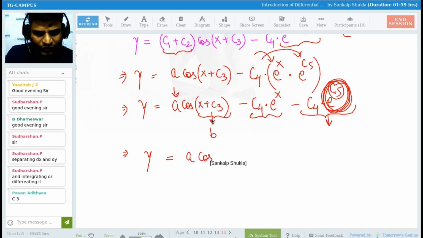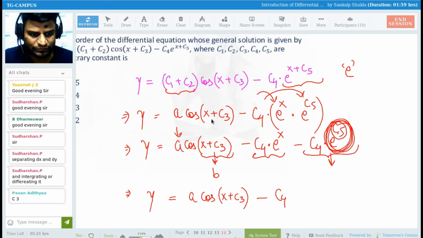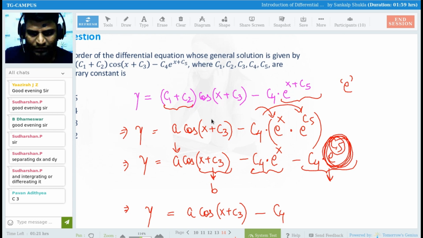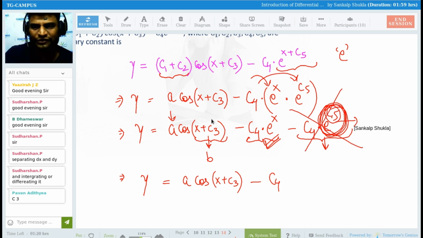So this is A cos x plus C3 and minus C4 into e raised to the power x plus e raised to the power C5. Yes, we have included e raised to the power x, and we have included e raised to the power C5. Right? So this whole is a constant. This will become an absolute constant.